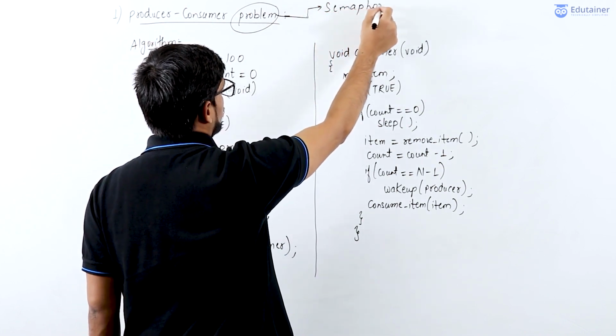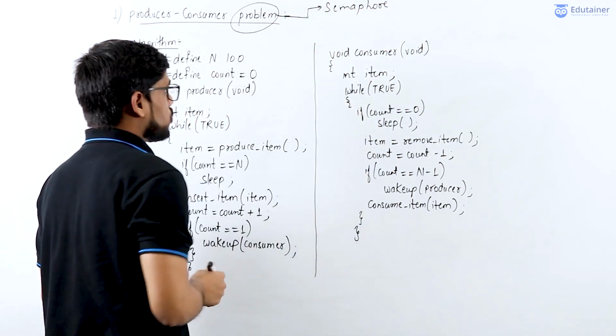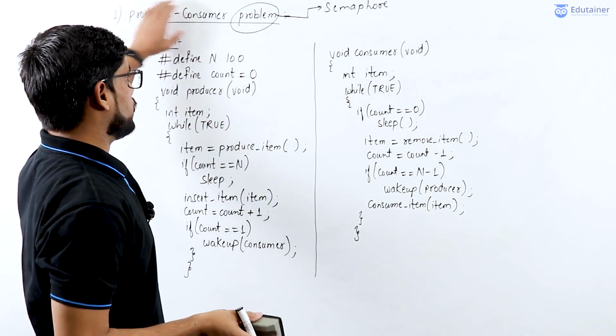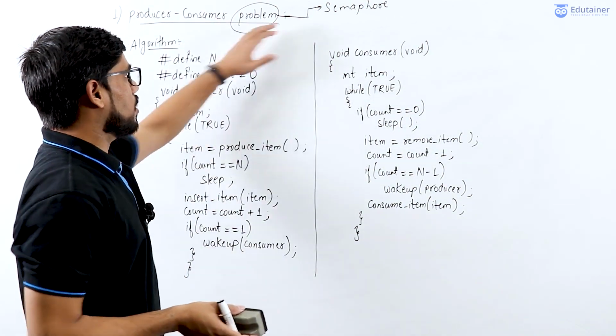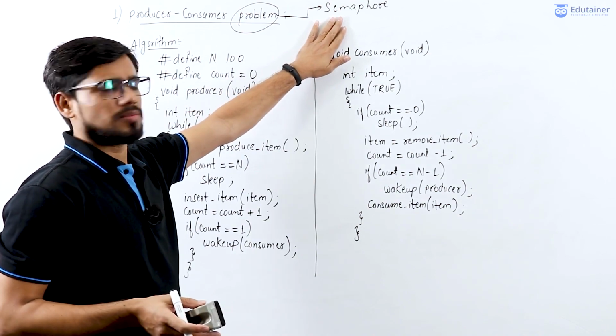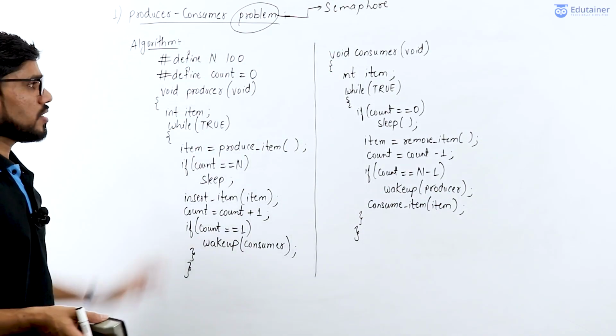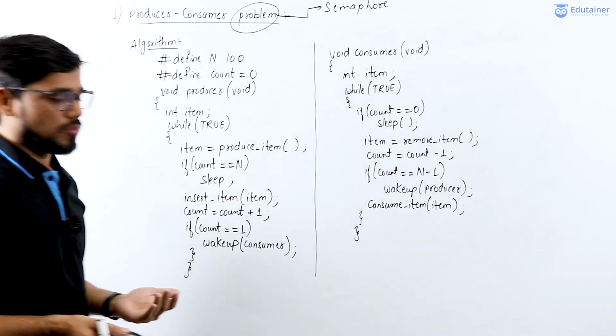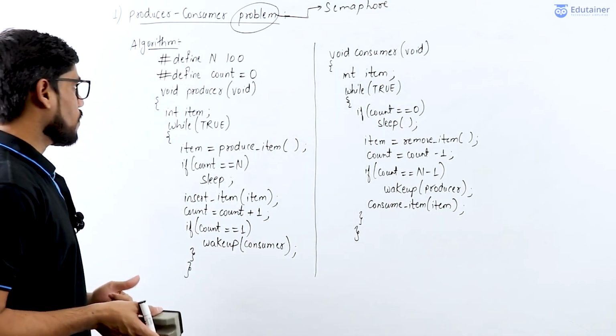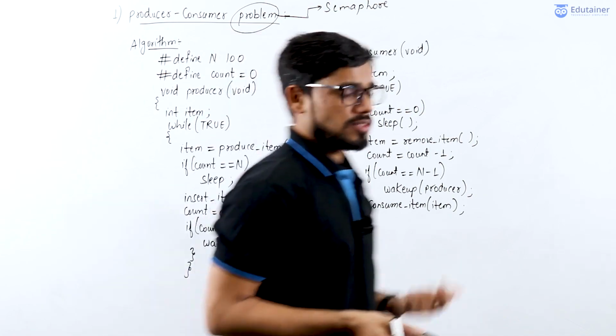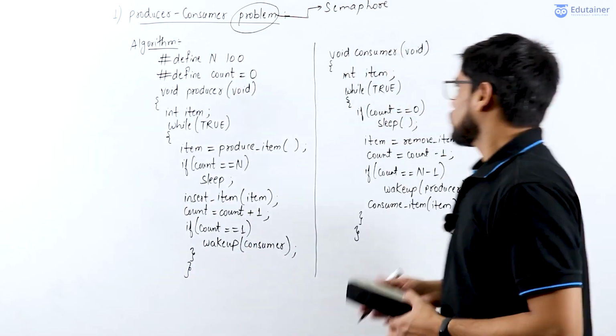Semaphore is a concept which will be used to resolve the producer and consumer problem. But before discussing the semaphore solution, let us try to understand the idea behind the producer and consumer problem. Producer means the process which writes.